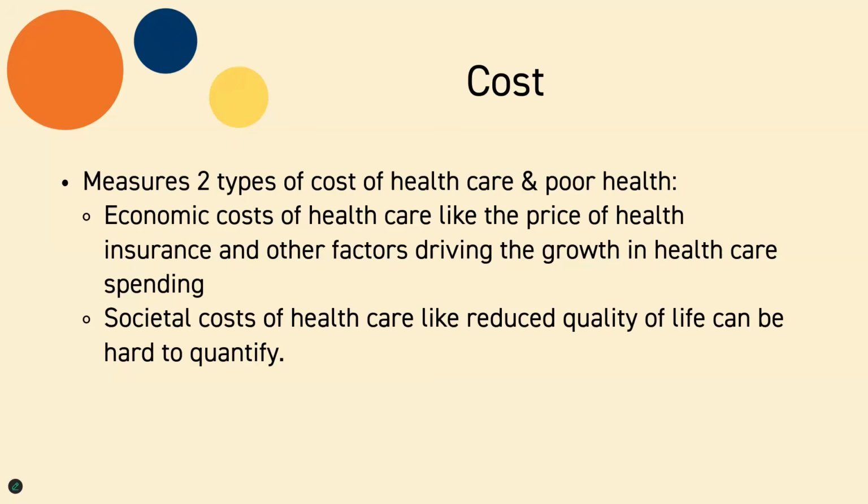The other one is social costs for healthcare. Now, this one is a little bit harder to get a definitive answer on because oftentimes it is self-reported. The most common one is a measure of quality of life, and particularly the reduced quality of life. There are two different organizations that have a really good survey that they do. The Centers for Disease Control and Prevention uses a measurement called health-related quality of life.